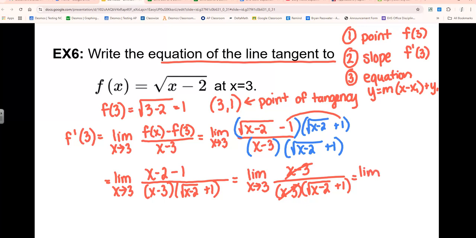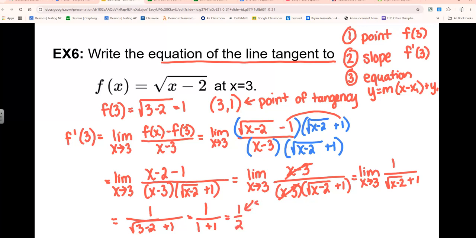So we've got the limit as x approaches 3 of 1 over square root of x minus 2 plus 1. We're going to plug in here 1 over square root of 3 minus 2 plus 1. We get 1 over 1 plus 1, which is 1/2. This is my slope.